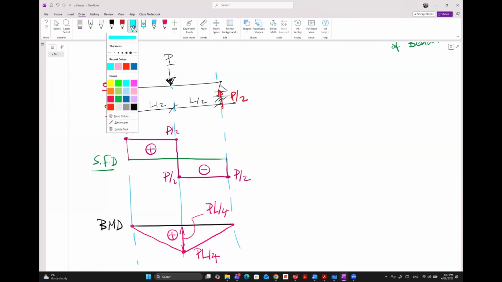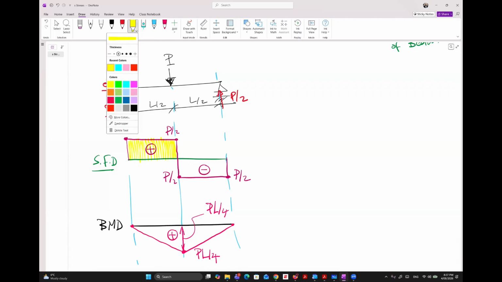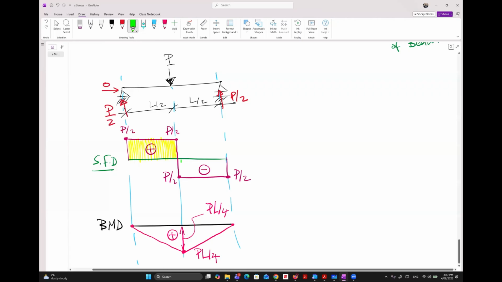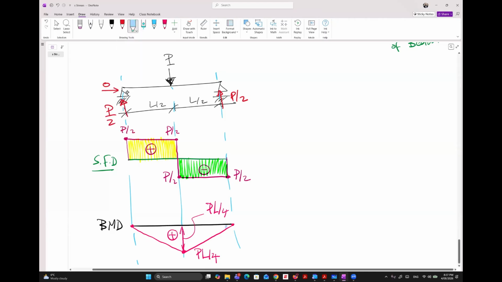Positive. So this is the shear force diagram for a simple beam with a point load, and this is the bending moment diagram for a simple beam with a point load. Okay.